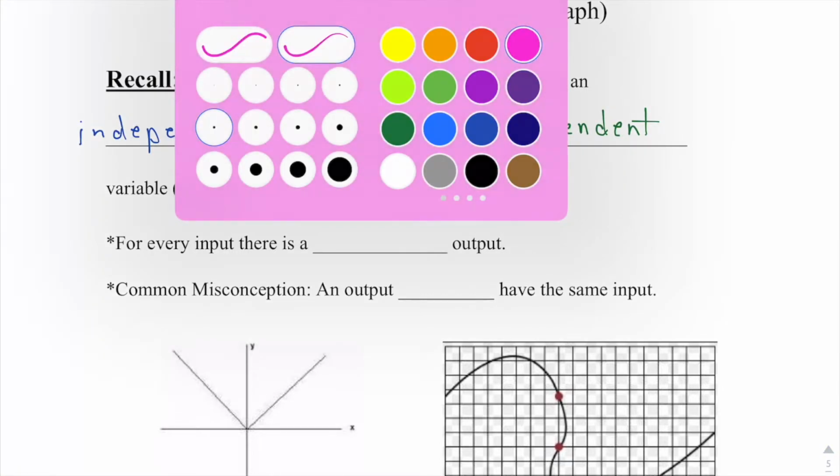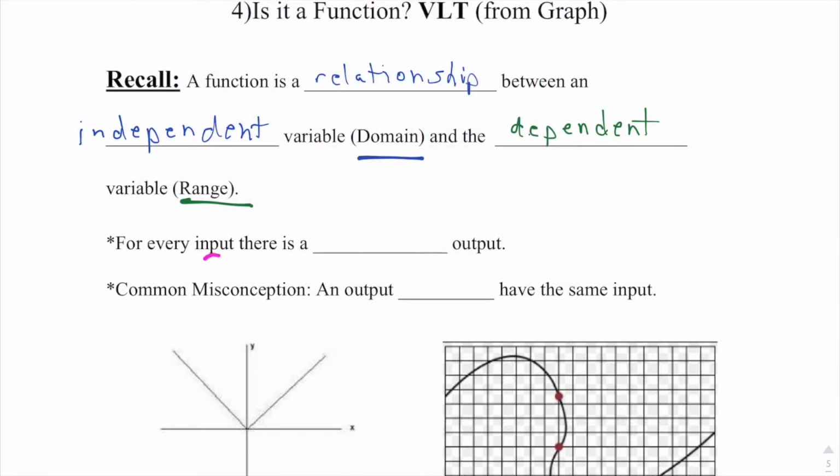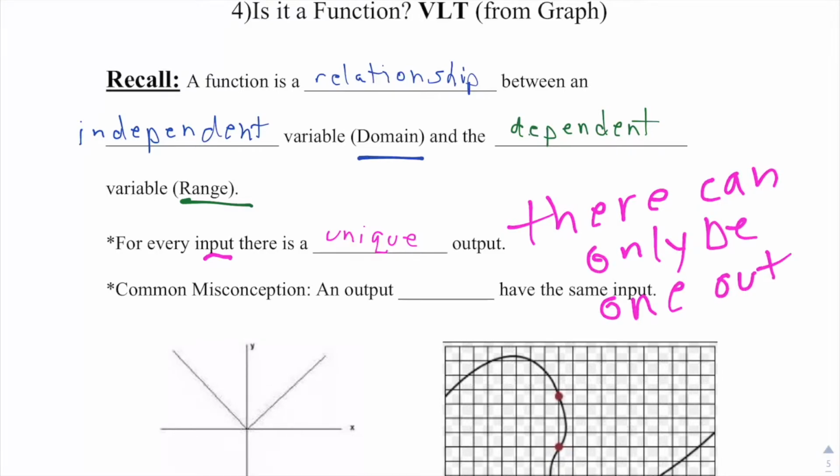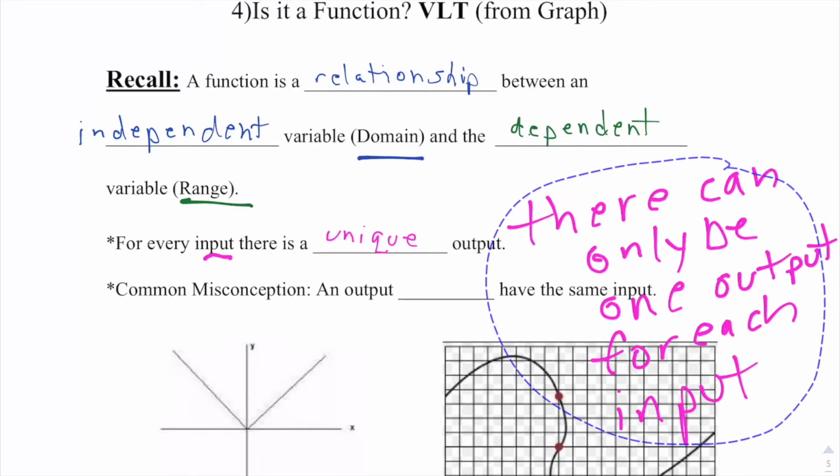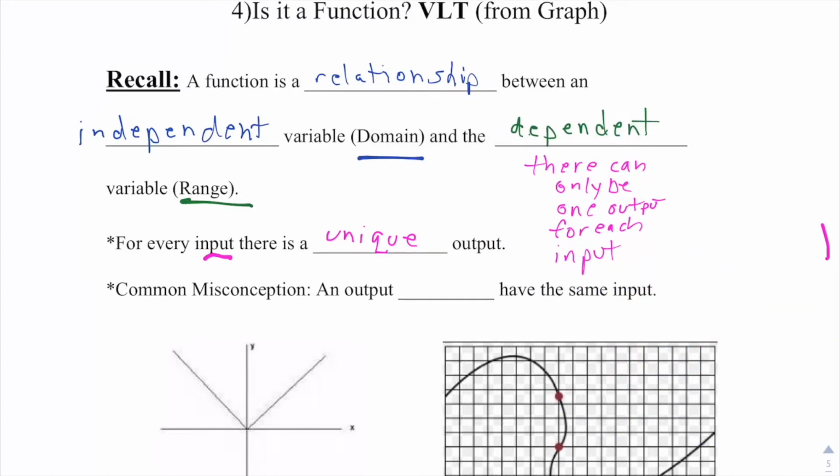And it's super important to remember that for every input or independent variable that we put into a function, there is a unique output, which means that there can only be one output for each input.